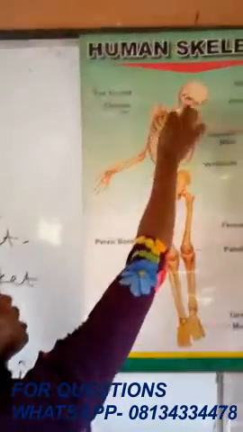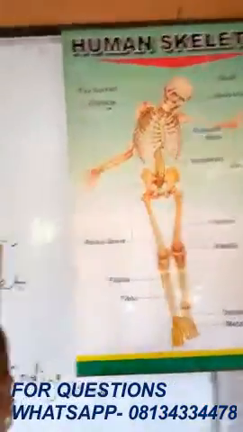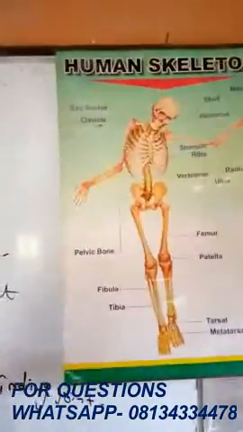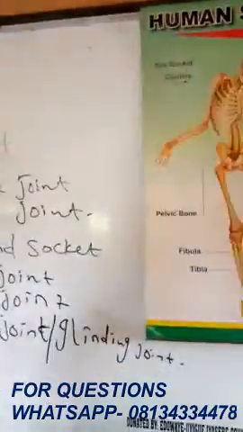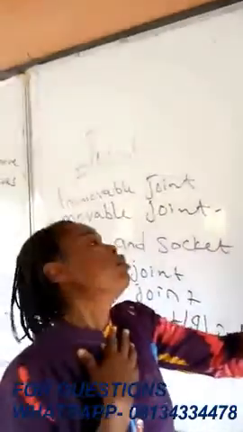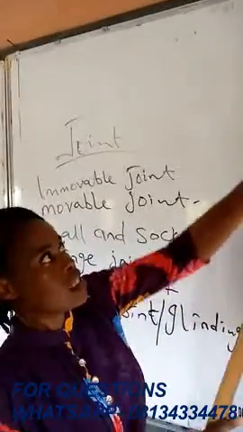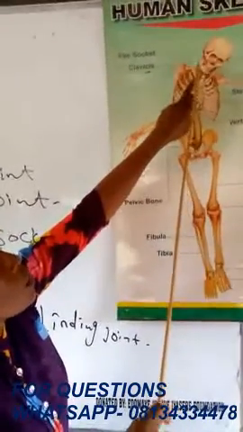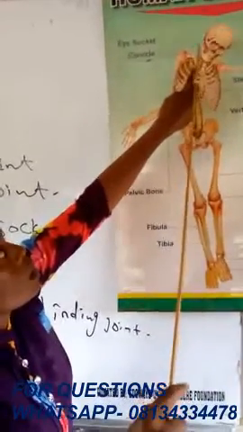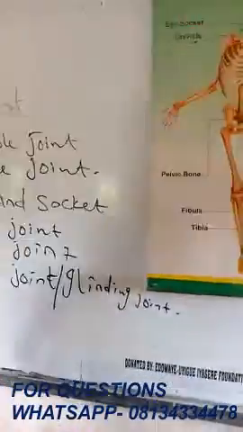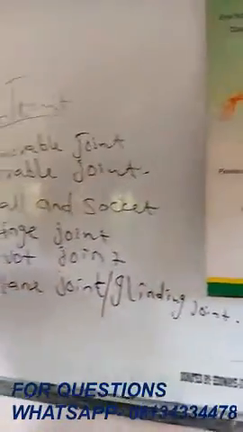So the joint here at the neck region is called the pivot joint, that allows nodding rotational movements, and is located in between the first two cervical vertebra, that is the atlas and the axis.